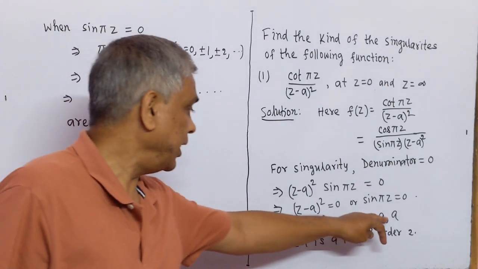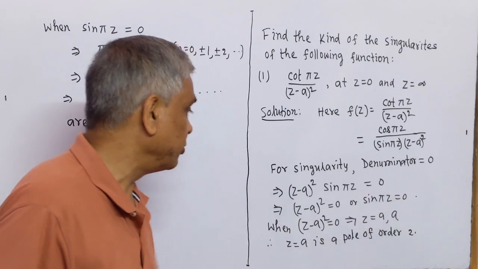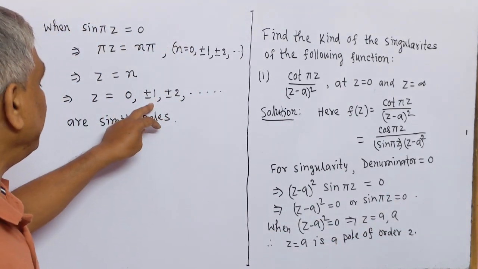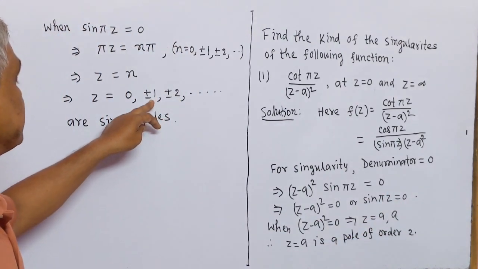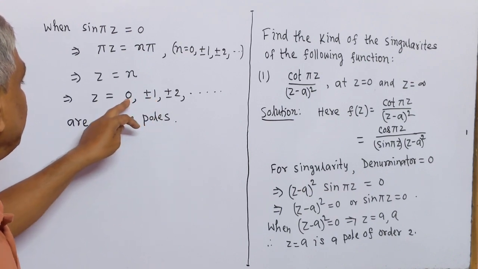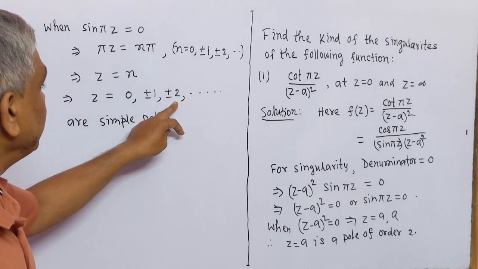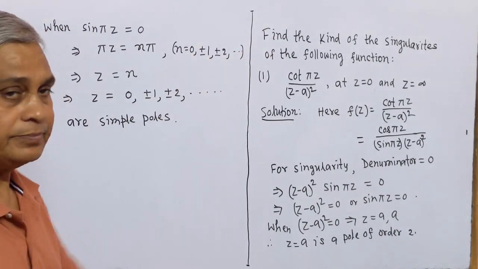Here a has come twice, so this is a pole of order 2. Similarly, minus 1 has come once, so minus 1 is a simple pole. Similarly, 0 is a simple pole, 2 is a simple pole, minus 2 is a simple pole, and so on.